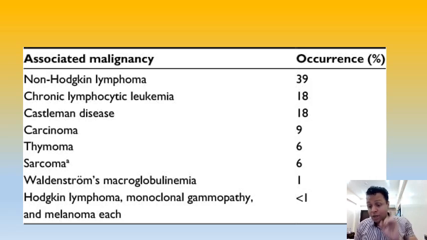Remember, in normal pemphigus vulgaris also you can have thymoma. Even in your history when you are taking it, there should not be any history suggestive of rheumatoid arthritis, Sjogren's syndrome, polymyositis. Thymoma can be associated with pemphigus vulgaris.